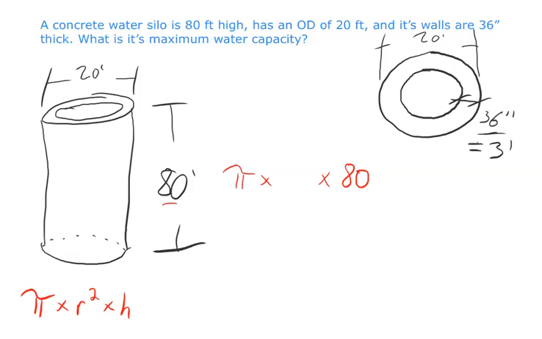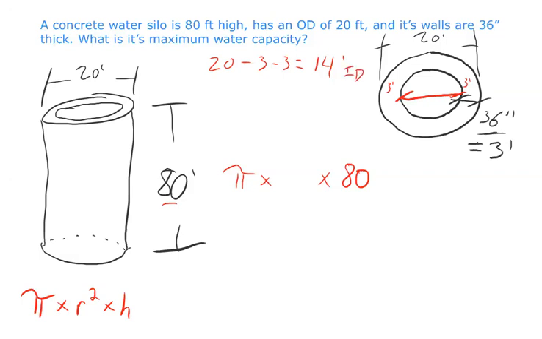So I need to know what the cylinder is right across for the inside diameter. So I've got 20 and I've got 3 feet here and I've got 3 feet here. So 20 minus 3 minus 3 equals, anyone? Someone in the back? 14, thank you. 14 is the inside diameter.